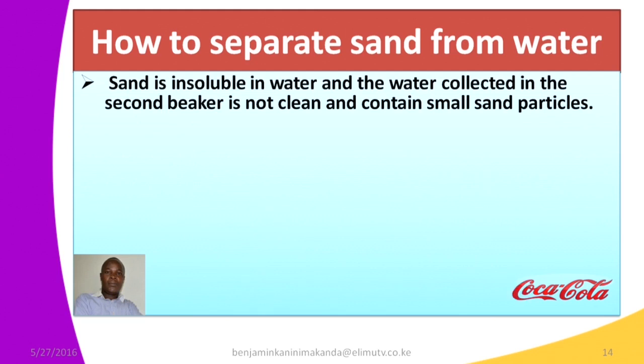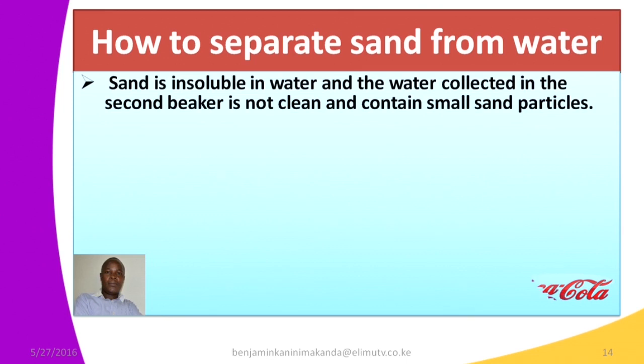Then the second thing that you have to do, you take another beaker that is empty and you carefully transfer the layer of water to the empty beaker, leaving behind sand. So in the process, sand remains in the first beaker while water is transferred to the second beaker.